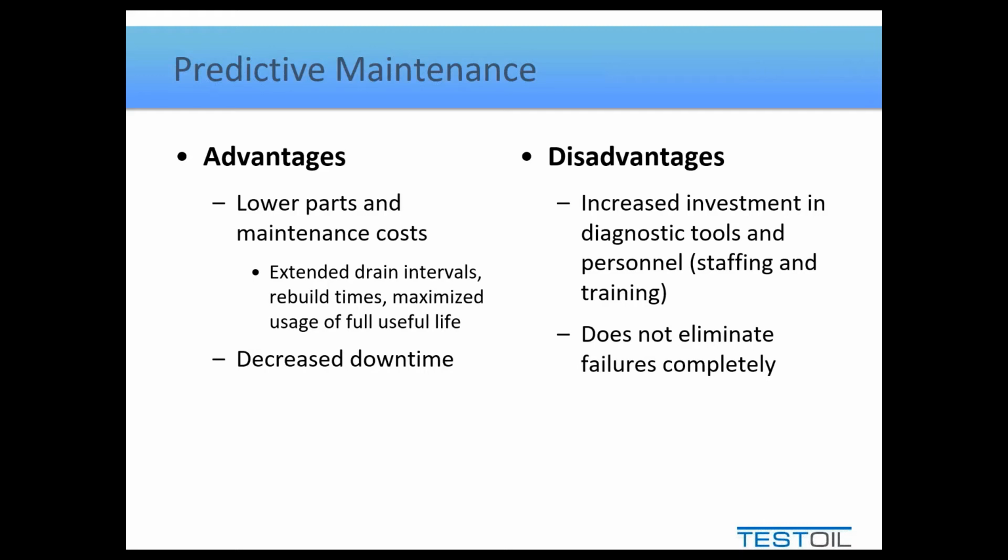The downside being it's going to take a lot more of an initial investment to get there because you're going to need to buy whatever the diagnostic tools are, a FLIR camera, a vibration analyzer, an oil analysis program, whatever it might be. And then you need the people to collect the data, and then you need the people to interpret the data. And there's a lot that's involved here. So a lot of costs, initially at least, go into this. But once again, it still will never completely eliminate all failures.